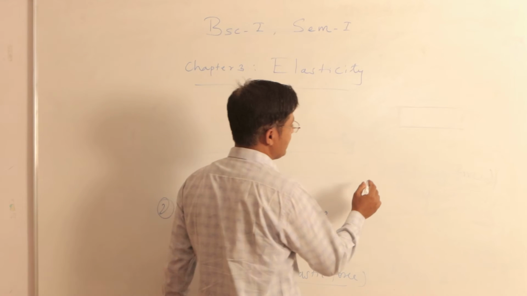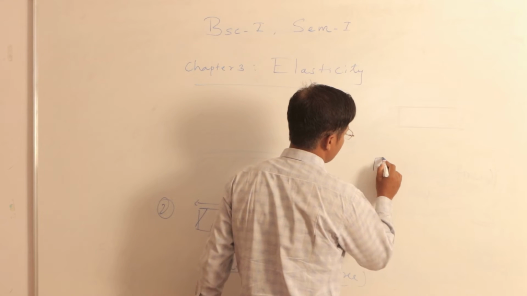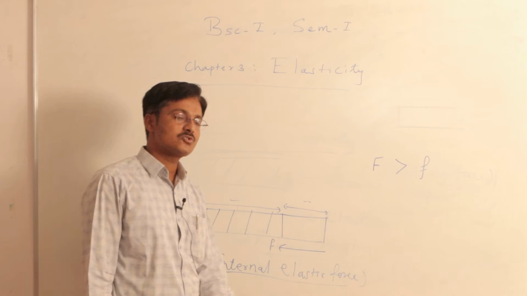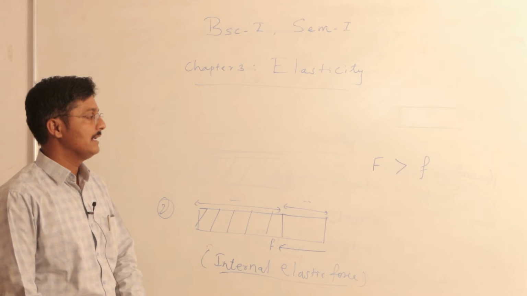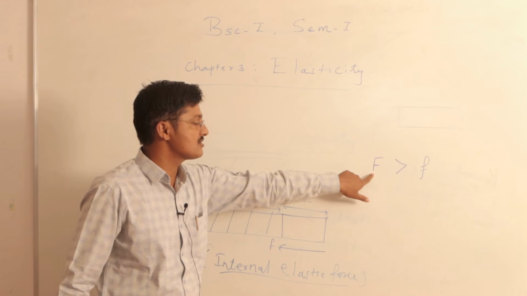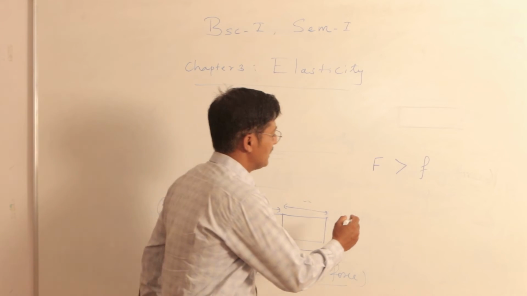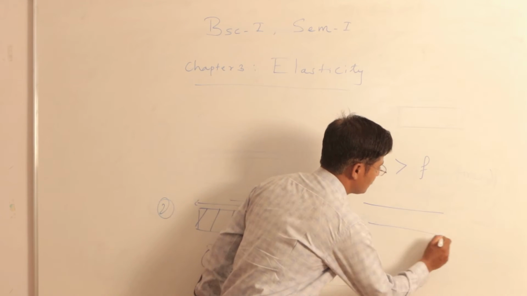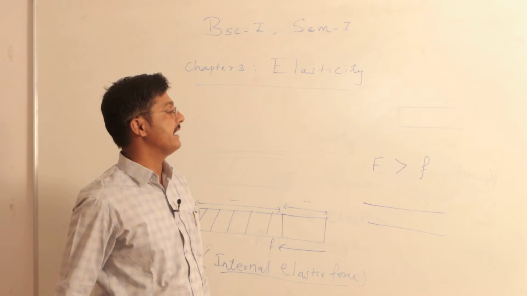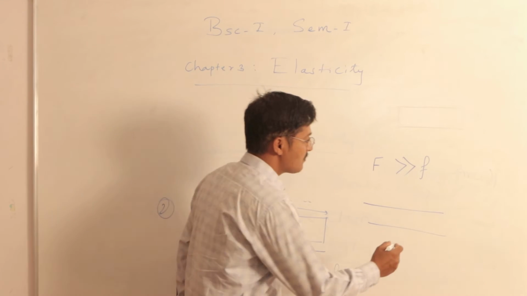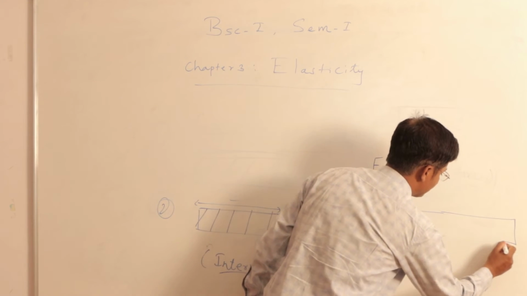Now a possibility is there: when the external deforming force is greater than the internal elastic force, what will happen? This body will elongate, and if this is very much greater, the body will permanently elongate.